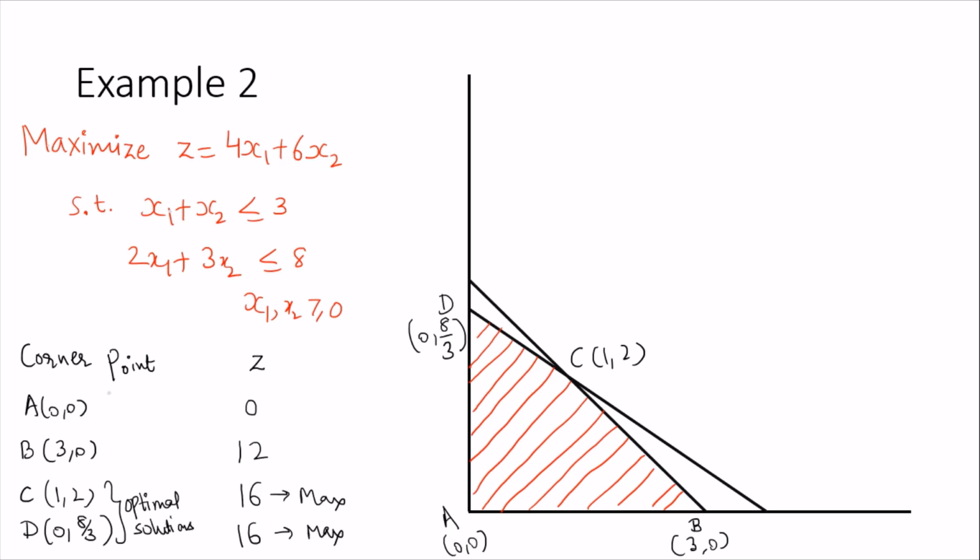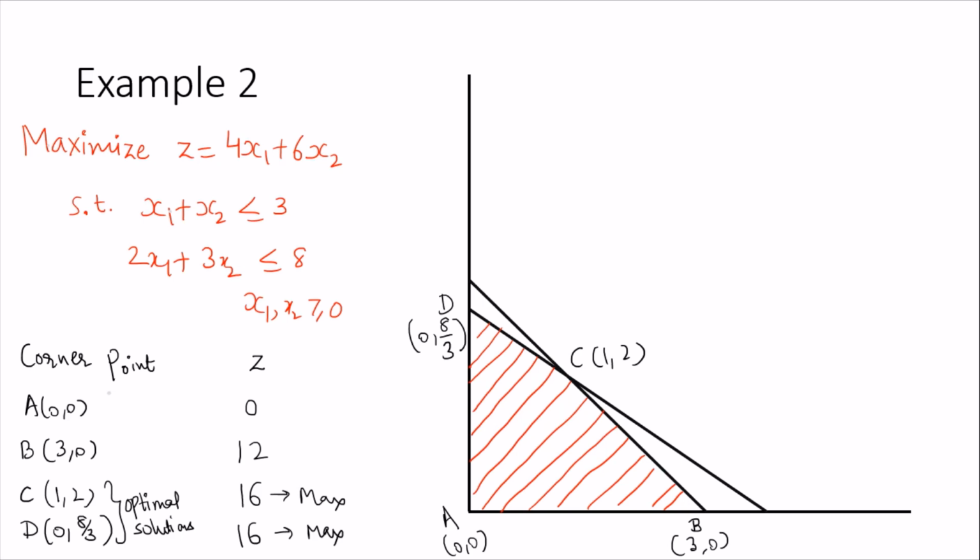So that's the contrasting difference between this example and the previous example, that although the feasible region is the same, in that example we were getting a unique optimal solution, because the maximum value was occurring at exactly 1 point. But here the maximum value is occurring at more than 1 point, and these 2 points are C and D. So both of these are optimal solutions.